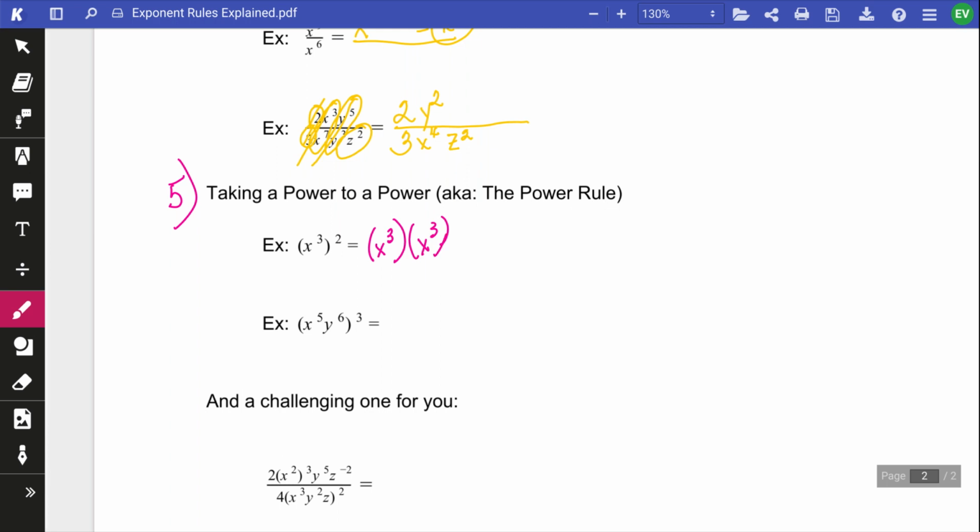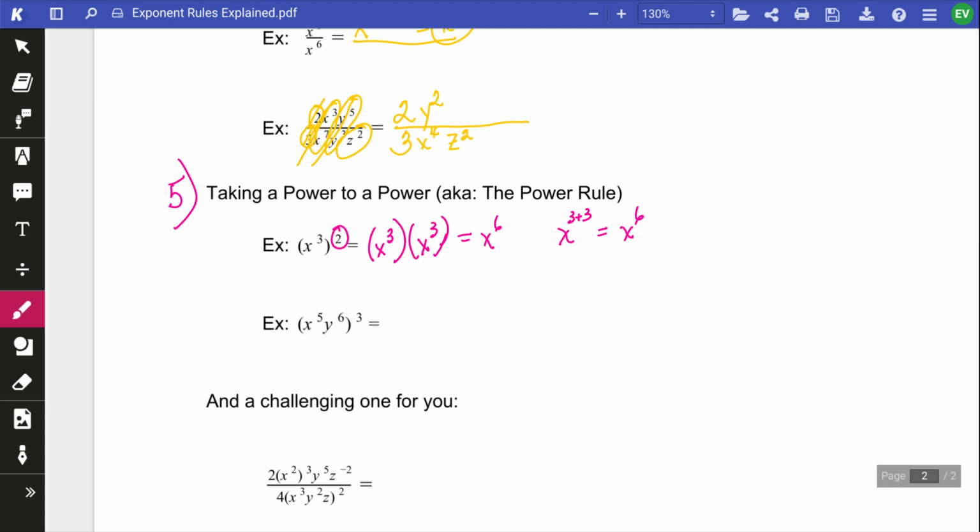So x to the third power is kind of like a base. The 2 tells me how many times, so I have x to the third there 2 times. So x to the third, x to the third, that gives me x to the sixth, because I can do now x to the 3 plus 3, which is x to the 6. So that's my multiplication rule.